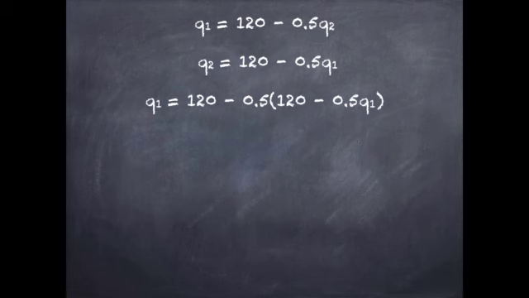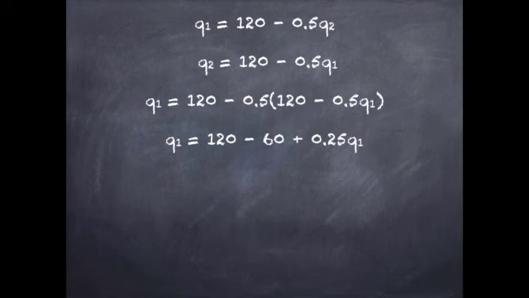So if we multiply that negative 0.5 all the way through, we have negative 0.5 multiplied by 120, which gives us negative 60. And we have the negative 0.5 multiplied by negative 0.5 Q1, which gives us positive 0.25 Q1.